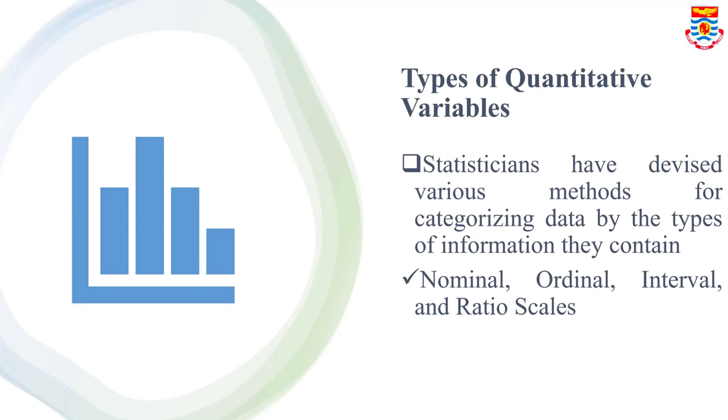The qualitative data, which we see as categorical, can further be categorized. And once again, you need to move on to the next level of categorization. It can be categorized into nominal, ordinal, interval, and ratio. These are all scales.